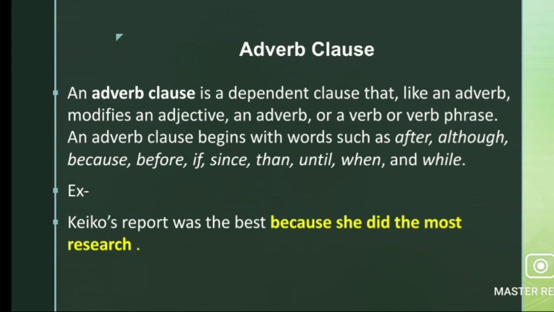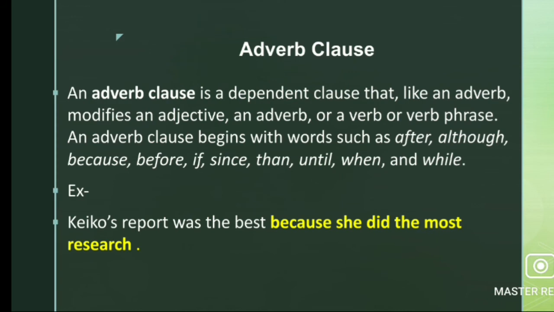Or you may also say the clause which functions as an adverb is called an adverb clause. It starts with a subordinating conjunction. It qualifies a verb, an adjective, and an adverb used in the principal clause.